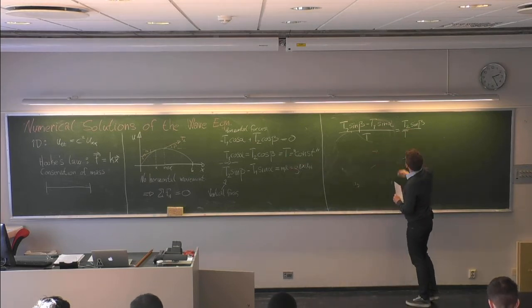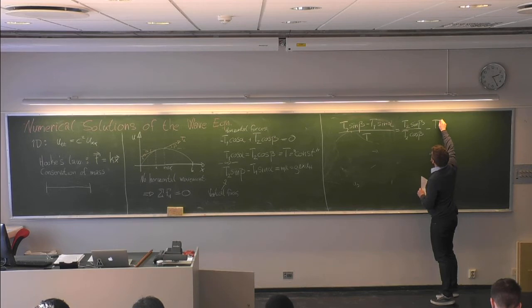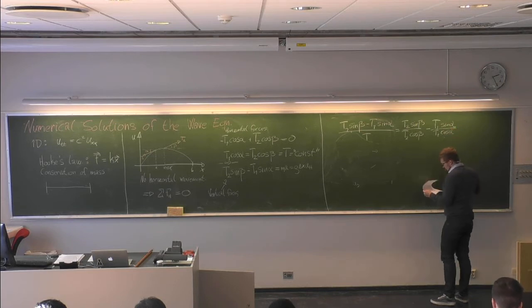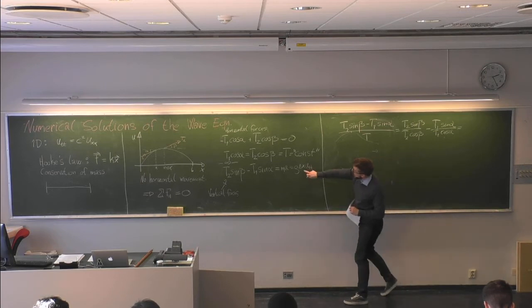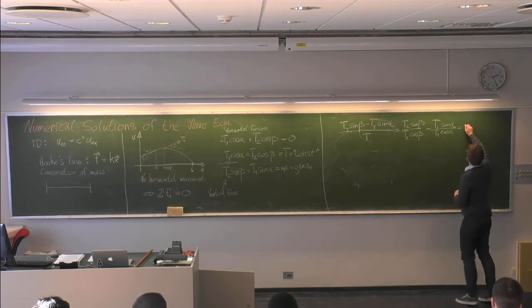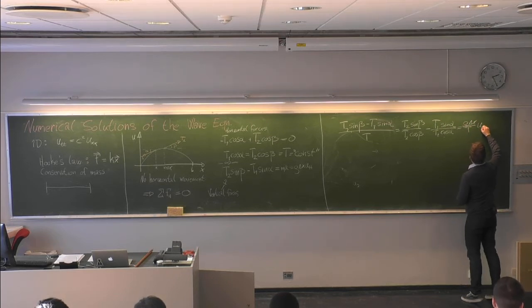So in this case, we will have T2 sin beta over T2 cosine of beta, and this time we will have T1 sin of alpha over T1 cosine of alpha, and this should be the same as this, only divided by the force: rho delta x U_tt over T.